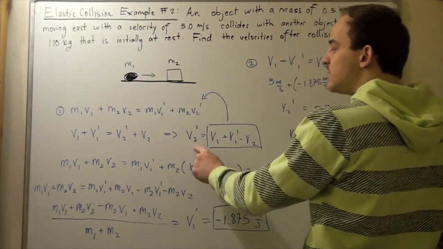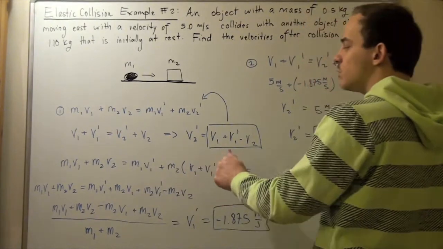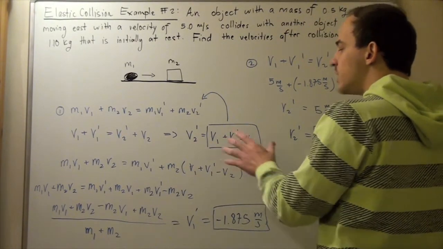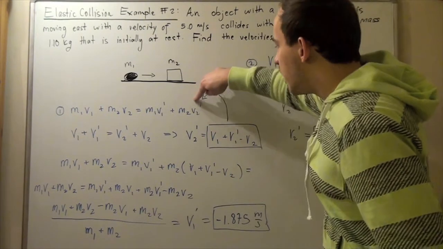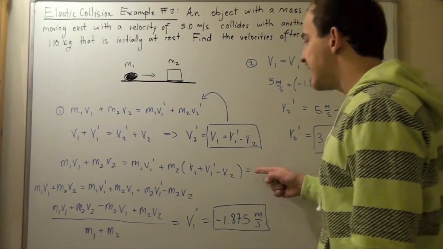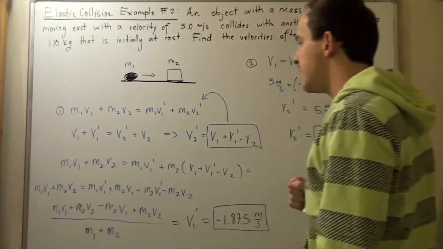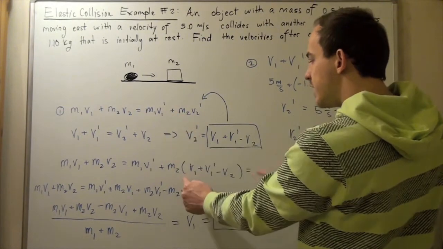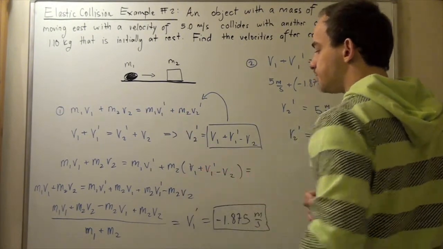So we know that v2 prime from this equation is equal to v1 plus v1 prime minus v2. So I take this whole thing and plug it into v2 prime in my first equation. And I get this whole expression, where now I have everything the same, except now I have m2 times this whole quantity.